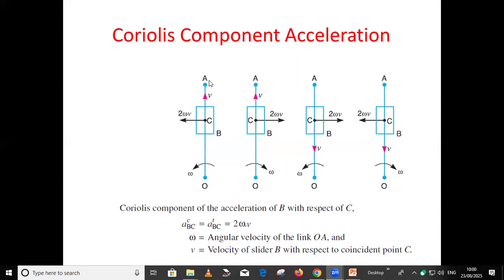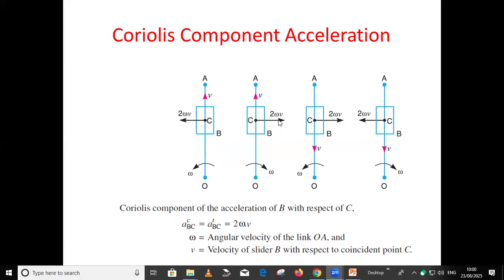So if the slider is moving in upward direction, in both the cases the Coriolis component will be in the direction of rotation for that link, and it is perpendicular to that link. So the component will be towards the left side because your link is moving in anti-clockwise direction, and it is perpendicular to this link. That means it is 2V into omega.